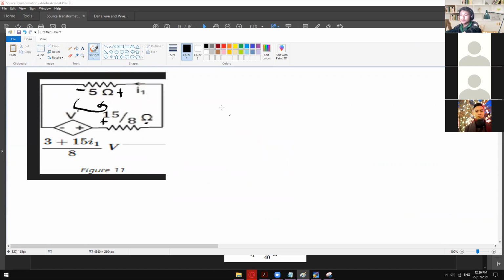Okay, so from here we have 3 plus 15 I sub 1 divided by 8. That is a positive voltage source. And then we have here negative 15 divided by 8 times I sub 1.